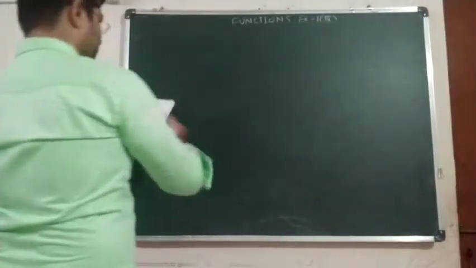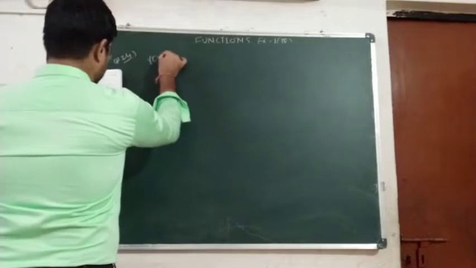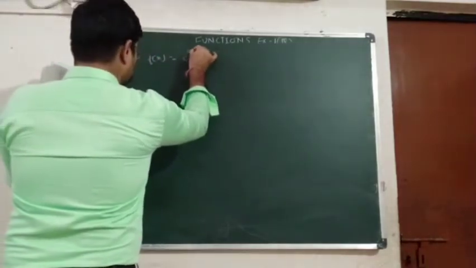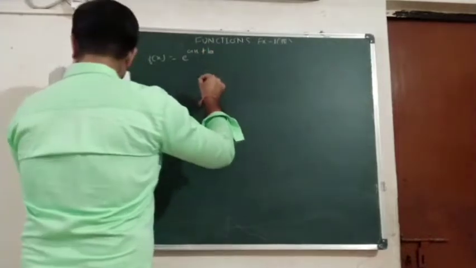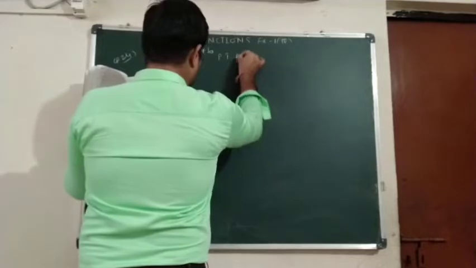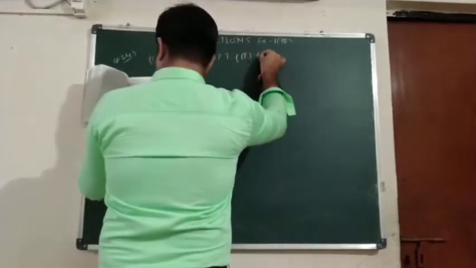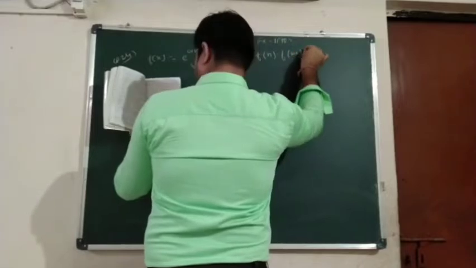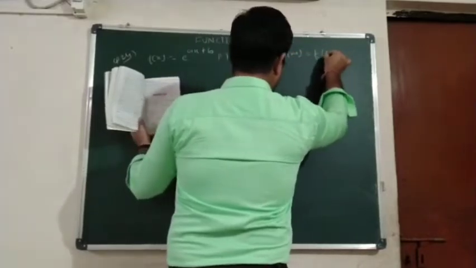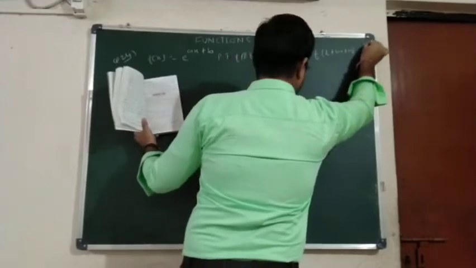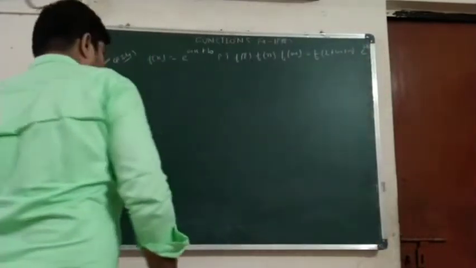Okay, let us solve. We are given f of x equals e raised to ax plus b, and we have to prove that f of l into f of n into f of m is equal to f of l plus m plus n into e raised to 2b.